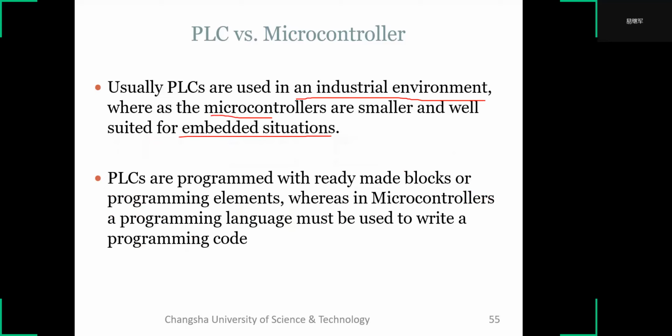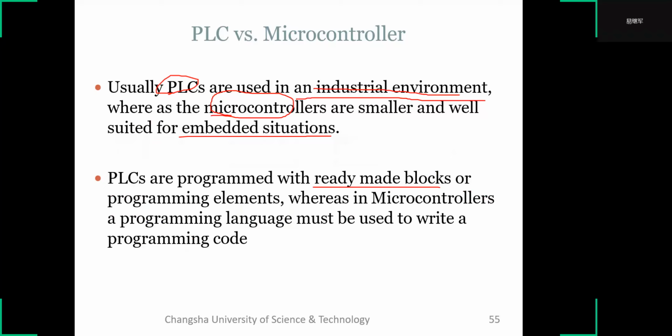This is a microcontroller. PLC in the industry environment. PLCs are programmed with ready-made blocks, all programming elements, whereas in a microcontroller, a programming language must be used to write programming code.